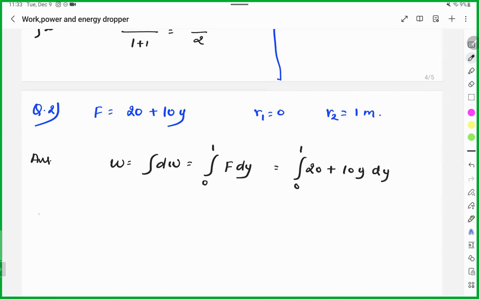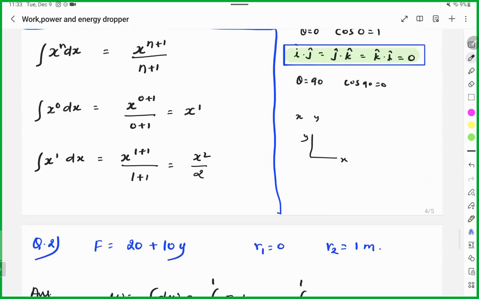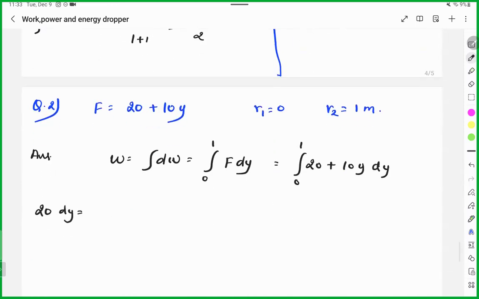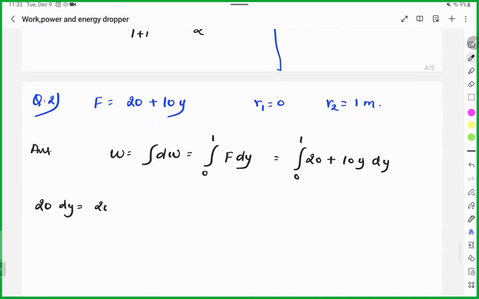What is the integration of 20? If you do integration of 20 with respect to dy, I told you this formula. If you don't have any power, it will become power 1. So it will be 20y. If you take 10y with reference to dy, it will be 10y square by 2, or 5y square. Yes or no, guys? Any doubt? No, sir.